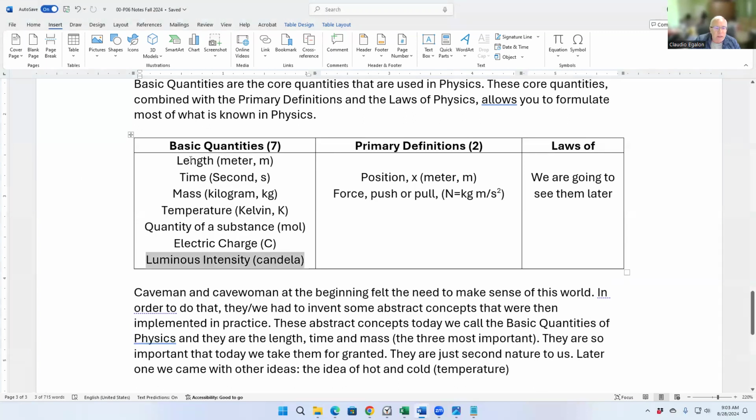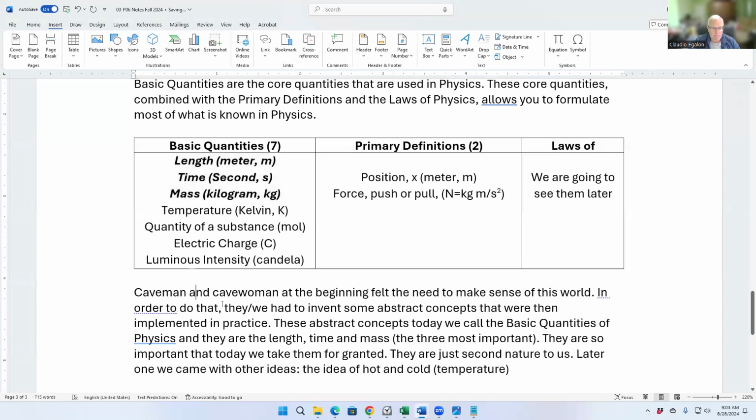7, but don't forget, initially, all you have to memorize for now are those three. Later on, we're going to look into the other 4. So let me emphasize those 3 here: length, time, and mass.